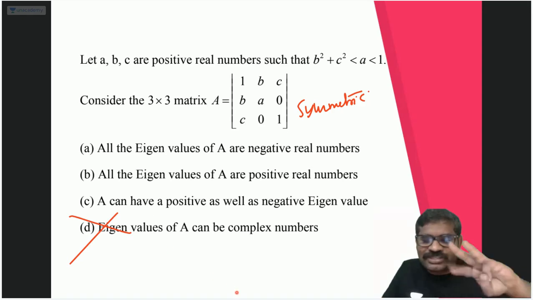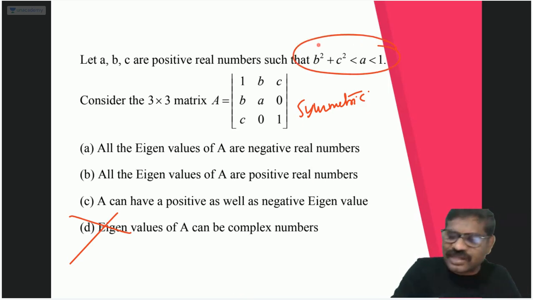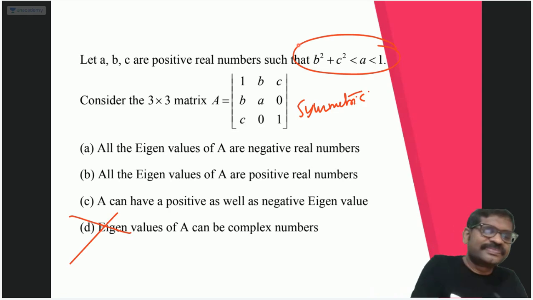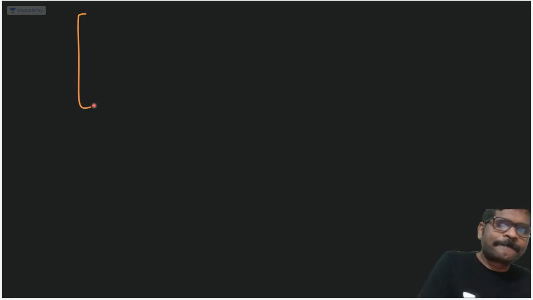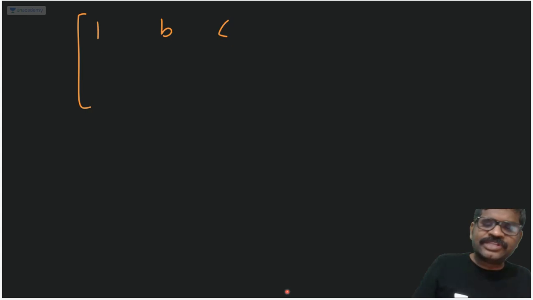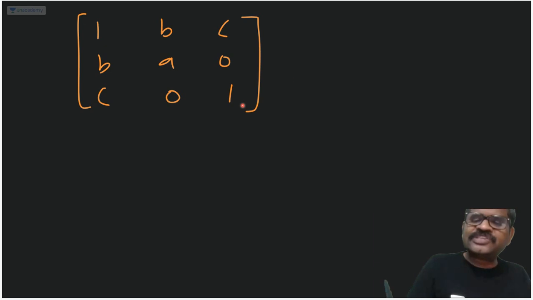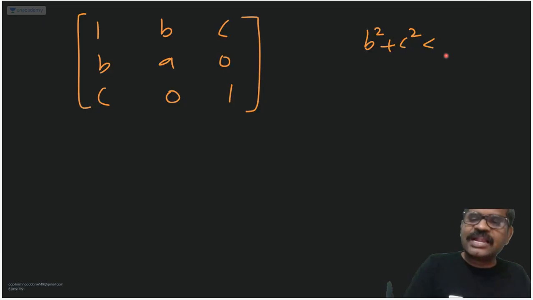Now, in the first three options, which one? He has provided one relation, and based on that relation you have to analyze. The matrix is 1 B C, B A 0, C 0 1. B square plus C square less than A less than 1.